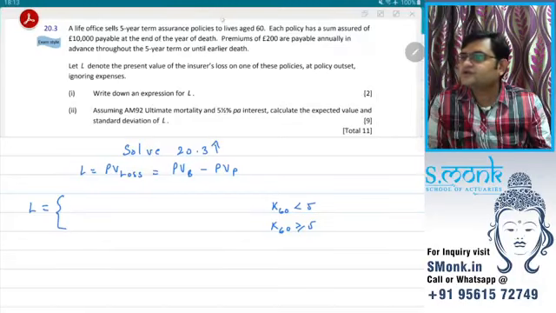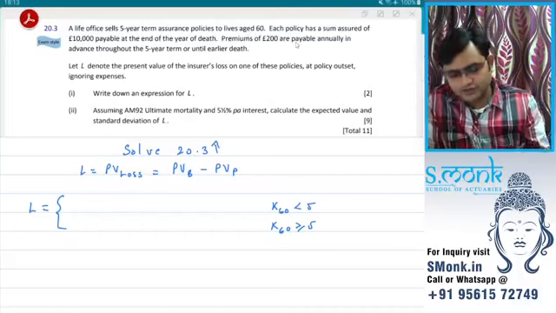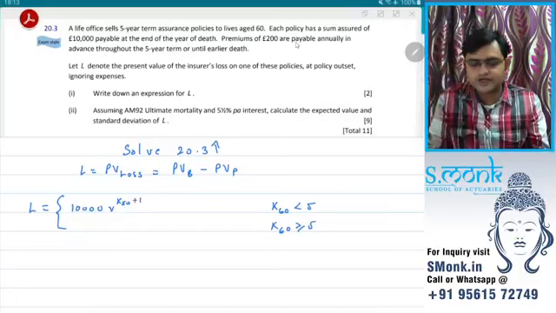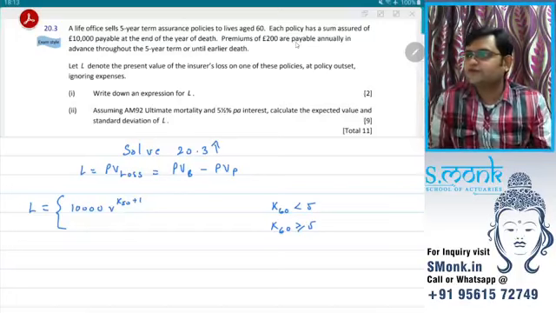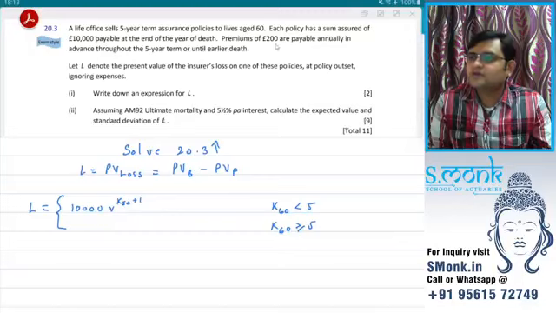If the person dies within 5 years, the payment of 10,000 will be given at time K60 plus 1. This is the time at which the benefit would be given. The premium is 200 payable annually in advance throughout the 5-year term or until earlier death.